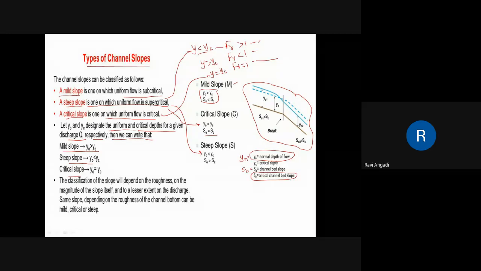The same slope, depending on the roughness of the channel bottom, can be mild, critical, or steep. So you have to remember the conditions here. Based on these conditions, the channel bottom slope can be classified as mild slope, critical slope, and steep slope.